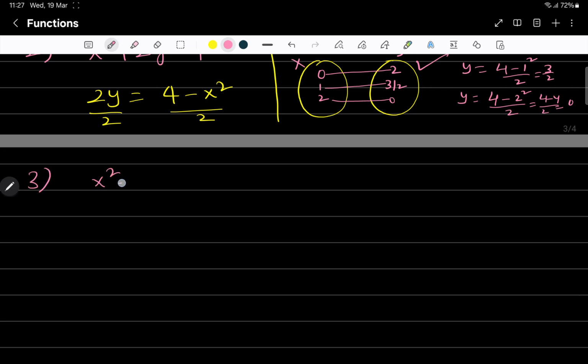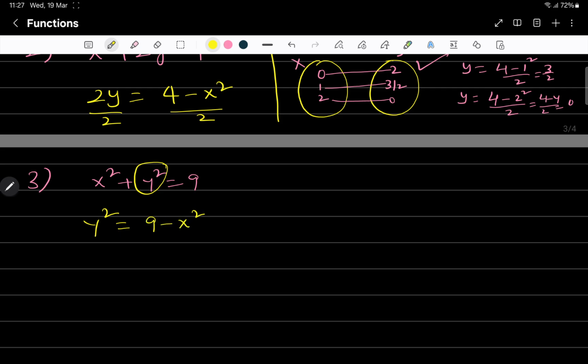If the equation is like this, x square plus y square is equal to 9, see here the degree of y is 2. Degree of y 2 means it is always not a function. Why? Look here. y square is equal to how much? 9 minus x square.